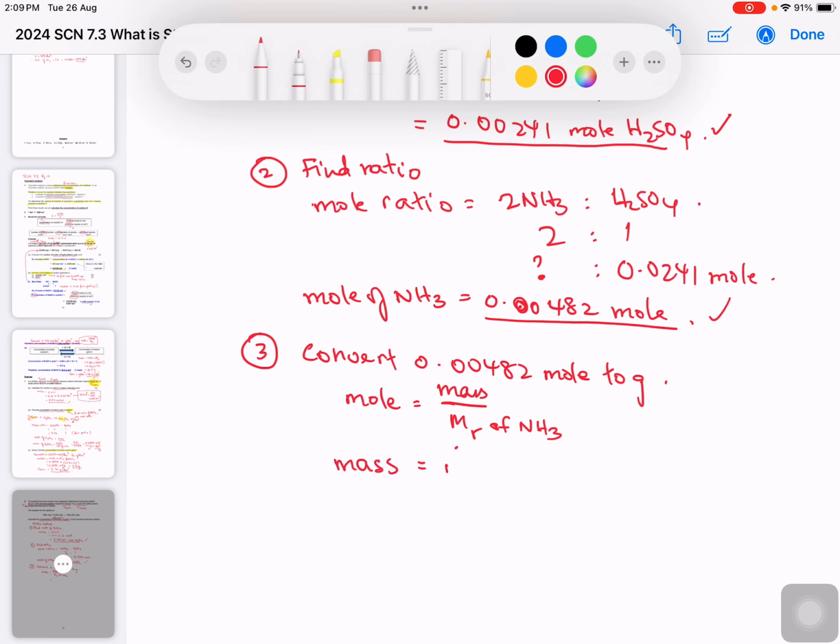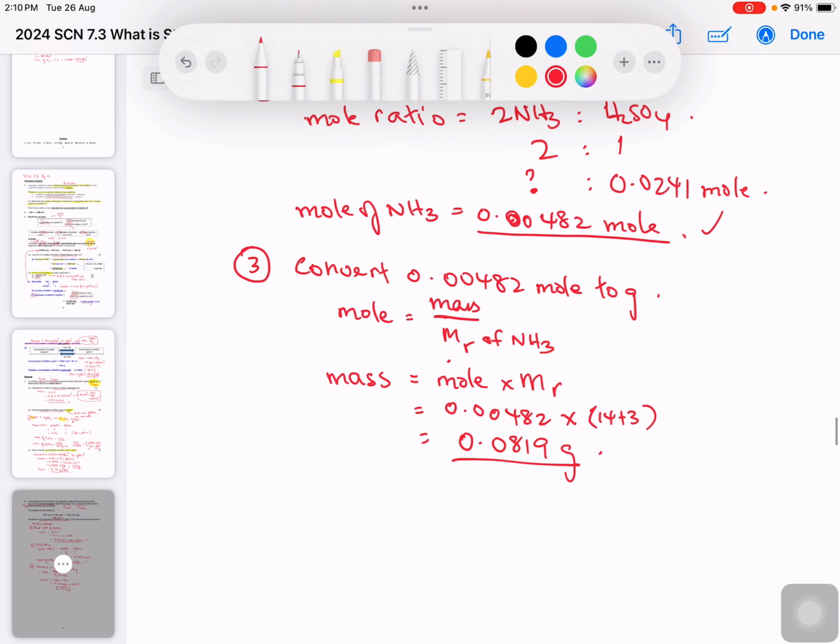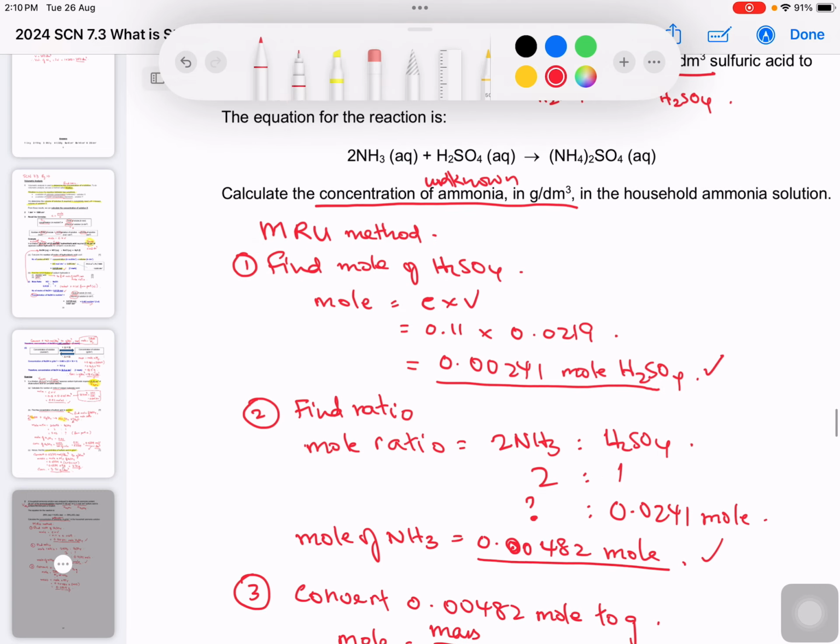Mass will be equals to mole times MR. So mole is 0.00482 times 14 plus 3. This will be 0.0819 grams. Still not unknown yet, because our unknown is actually concentration.